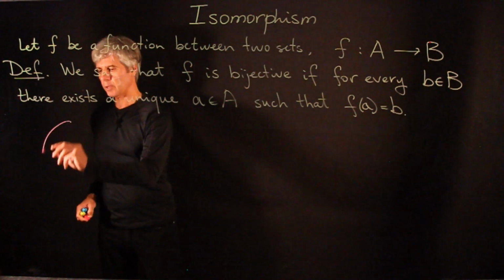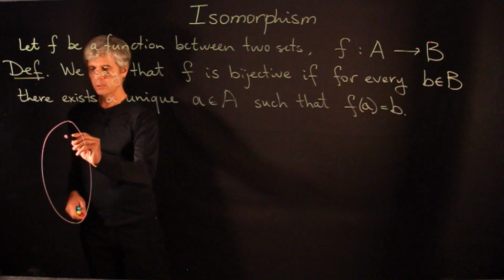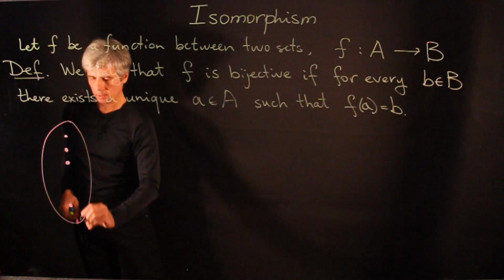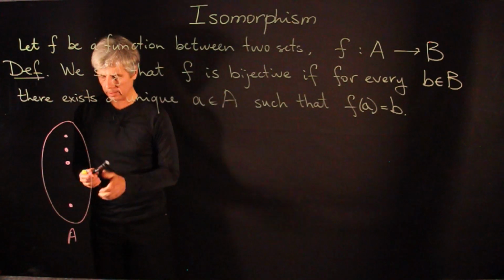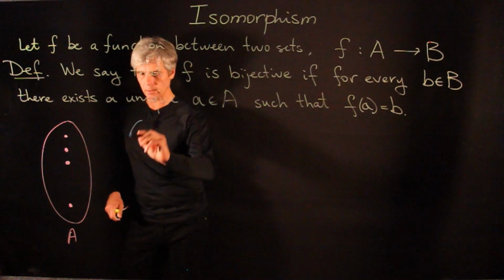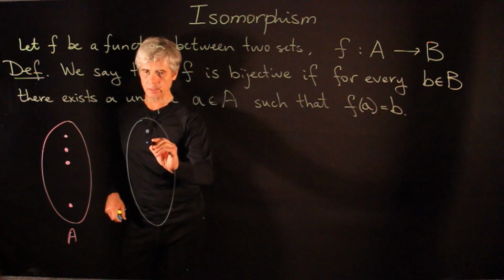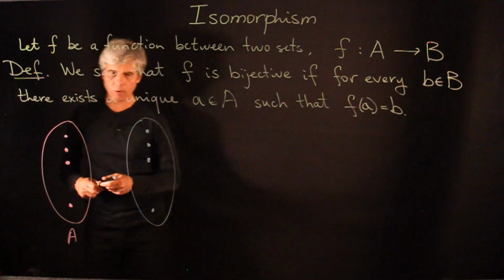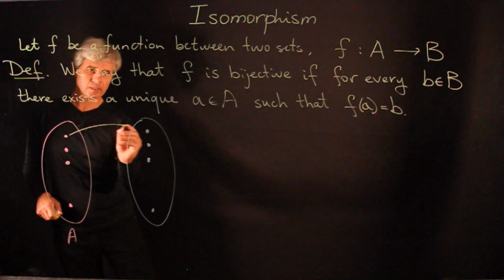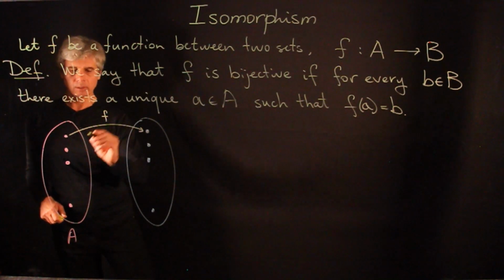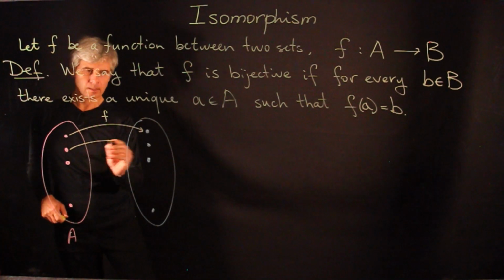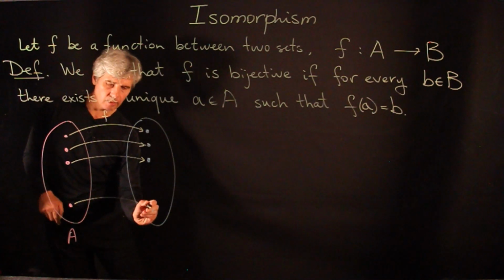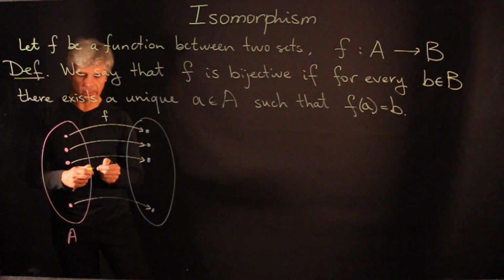Pictorially, this can be expressed in the following way. So suppose we have some set A and another set B, and our function assigns to each element of the first set one element of the second set in such a way that it creates a one-to-one correspondence.